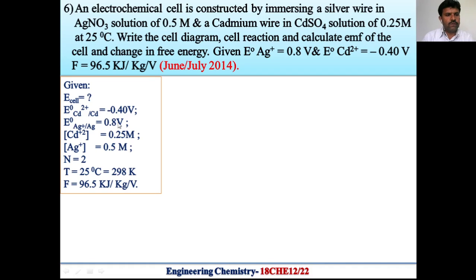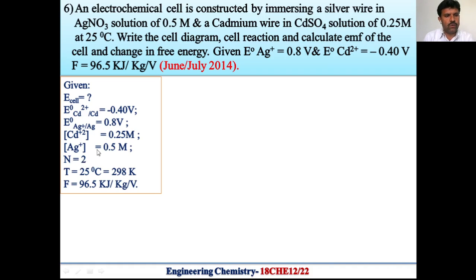The given values are the standard electrode potential of cadmium, that is minus 0.4 volt, the standard electrode potential of silver, that is 0.8 volt, cadmium sulfate solution 0.25 molar, and silver ion concentration 0.5 molar, and the value of n is equal to 2.